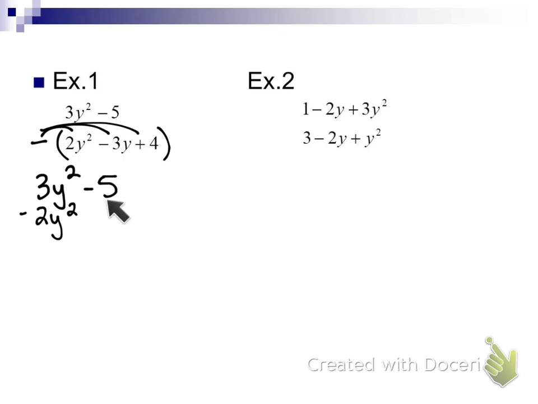Should I put that underneath the 5? No. Probably not, because y and 5 are not going to be like terms. So if you want to rearrange these as you go, that's fine with me.